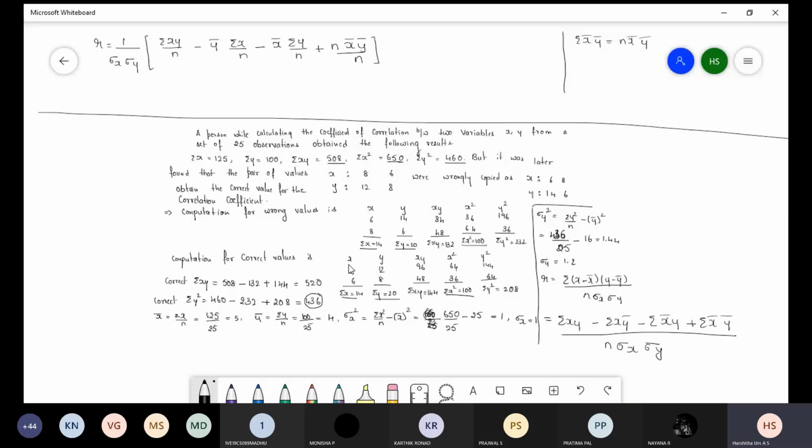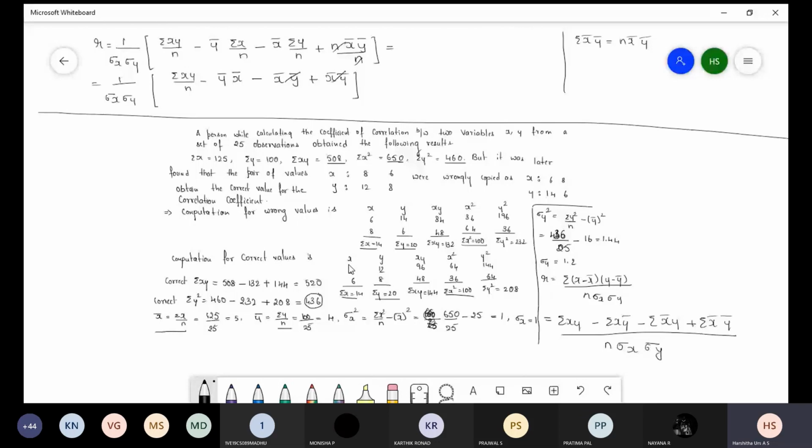Now 1 divided by sigma x into sigma y, sum of xy divided by n minus y bar, sum of x divided by n, here we can write x bar, minus x bar I will write as it is, y bar sum of y divided by n, that we can mention as y bar, plus x bar into y bar. X bar y bar, x bar y bar will get cancelled. Remaining will be this much.